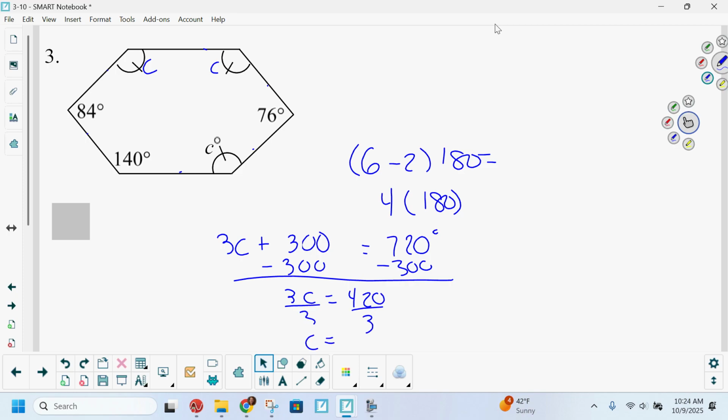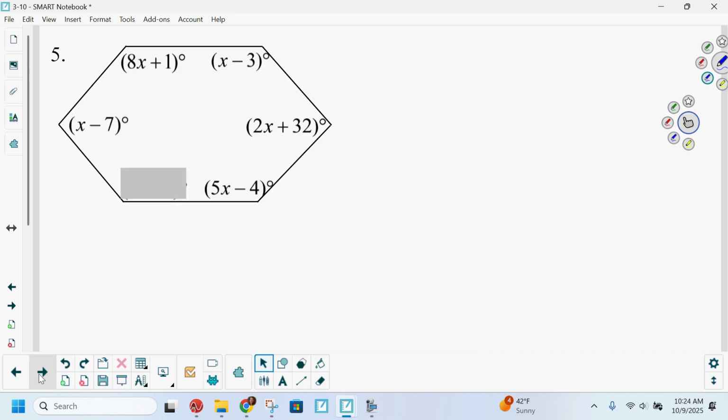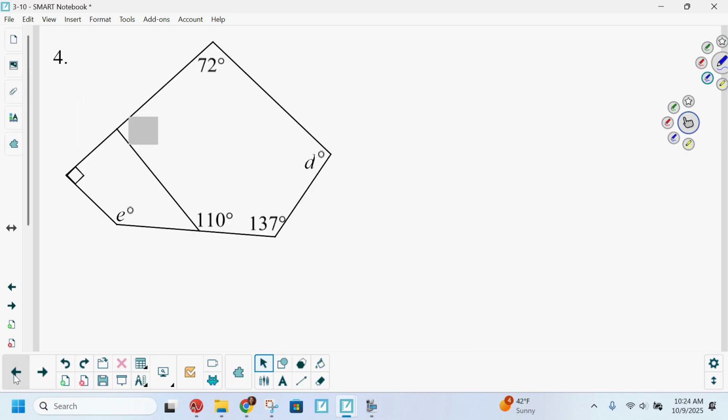C is, I believe that's 140. So C is 140 degrees. Oops. All right, our next one here.